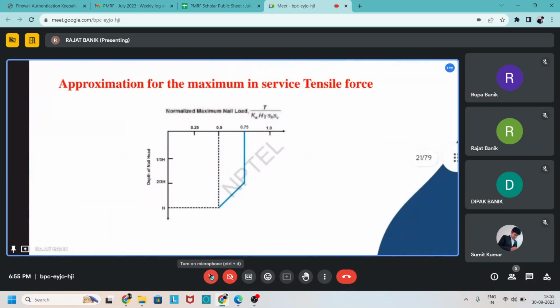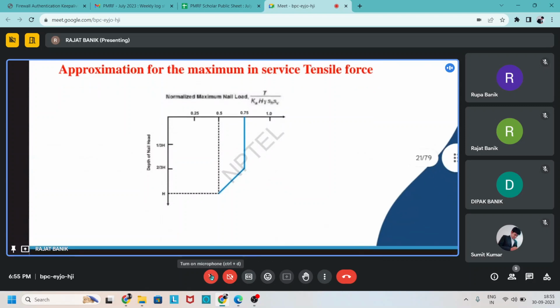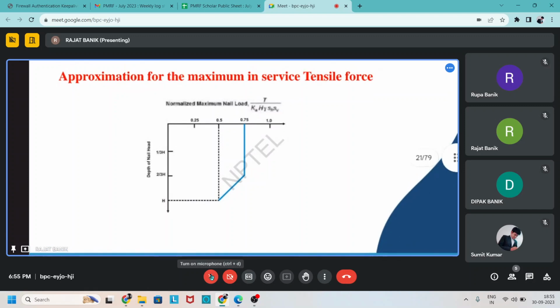Now we discuss the maximum tensile force in service. To find out this maximum tensile force during our service condition, one chart is given, and by this chart we can easily find it out.